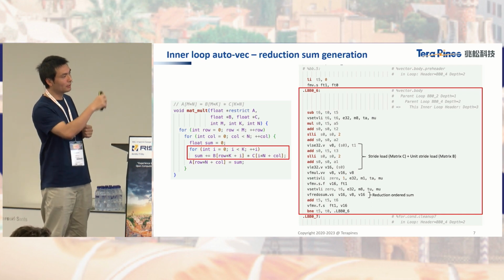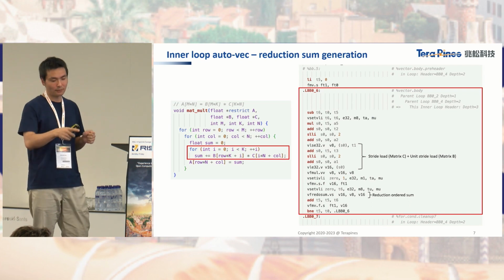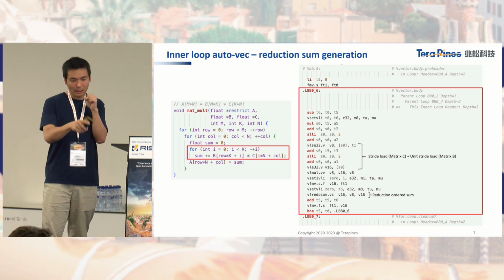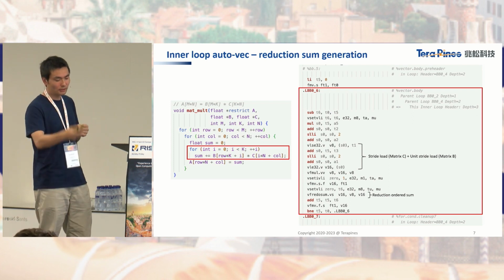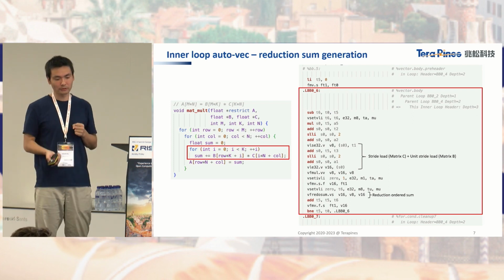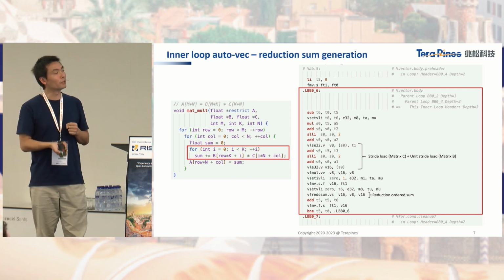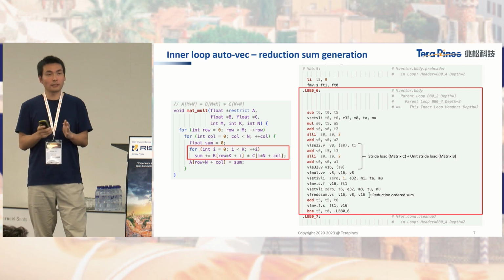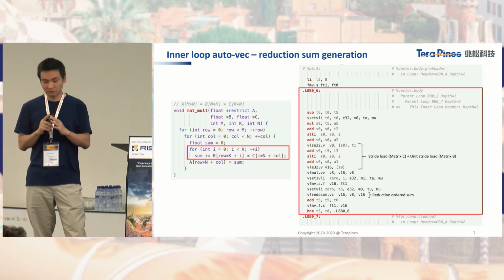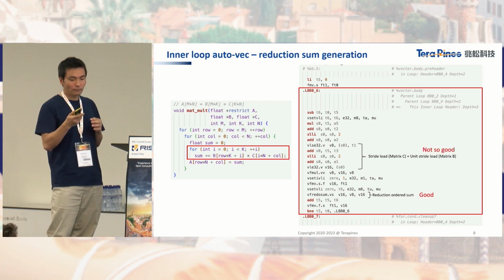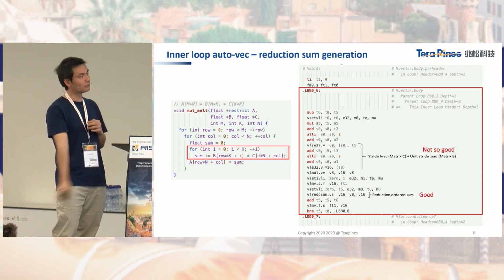You can see the VF reduction sum at the bottom of the assembly code. And we can't avoid generating the strided memory node for matrix C and the unit-stride node for matrix B. This can't be avoided for innermost loop auto-vectorization. So that's not so good.